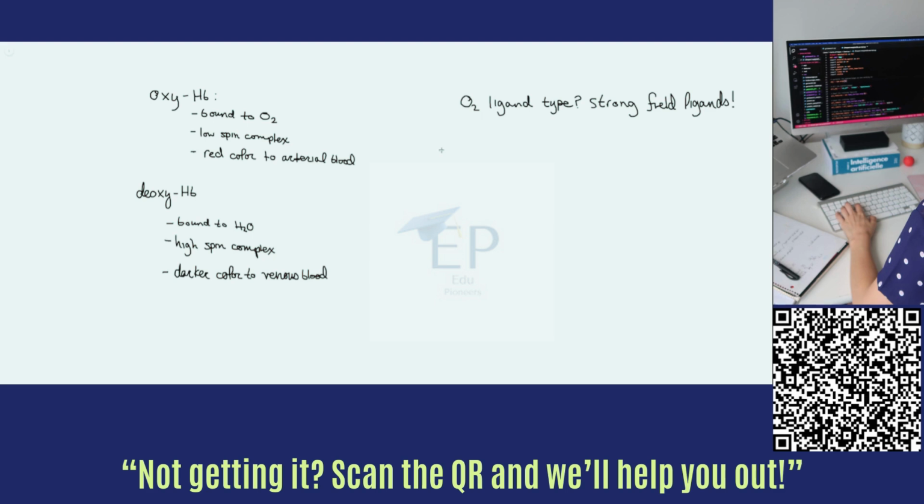Now to explain colors. So first off, remember that crystal field splitting energy is equal to Planck's constant times the speed of light over the lambda of max absorption.